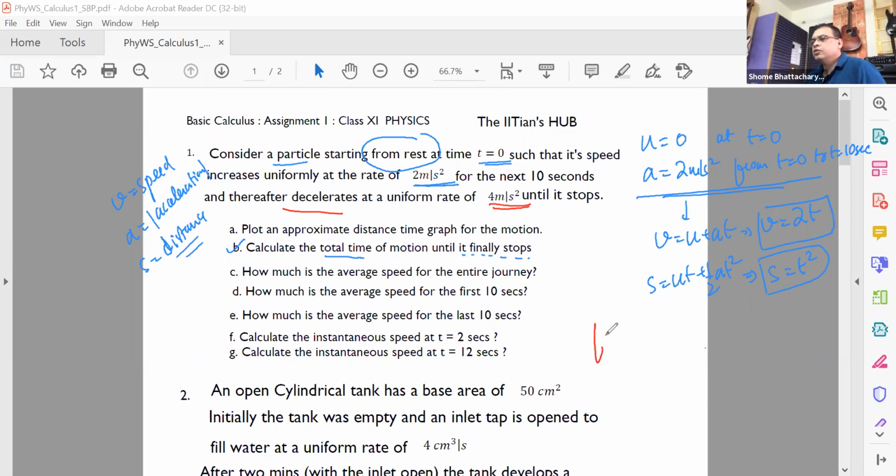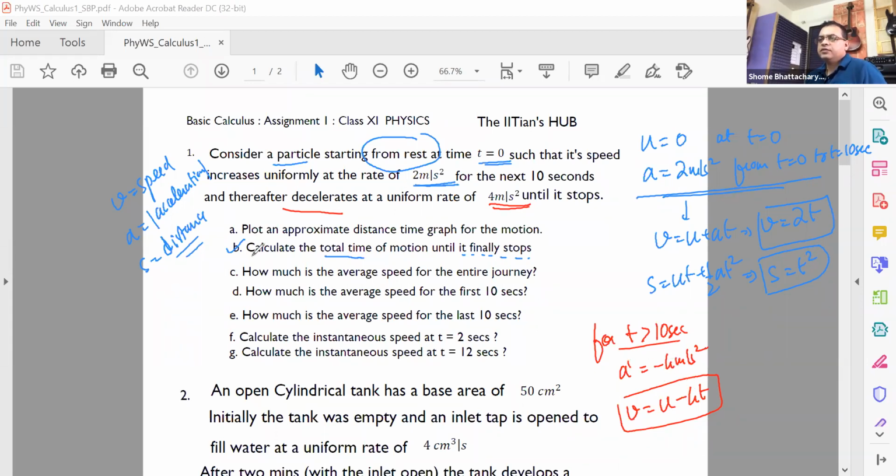So for t greater than 10 seconds, the acceleration, this time we can write it as a prime, that is minus 4 meters per second square. So for this part of the motion, we can say that v is equal to u minus 4t, like this kind of equation we have to use. Okay, so now we have to visualize what's happening: in the first 10 seconds your speed is increasing, and in the next few seconds your speed is decreasing.